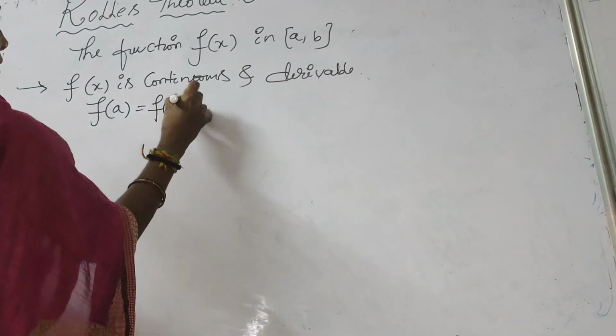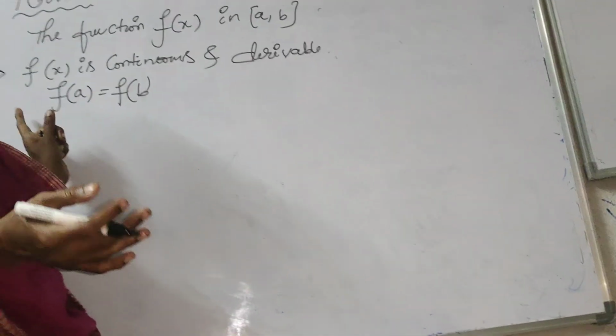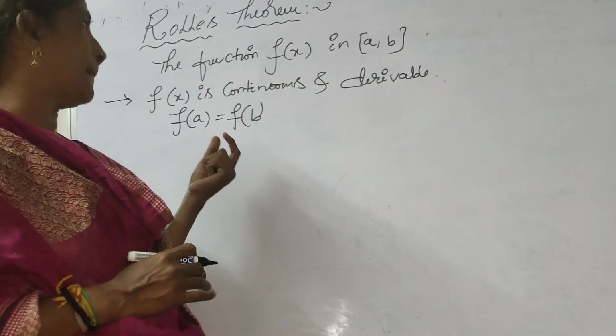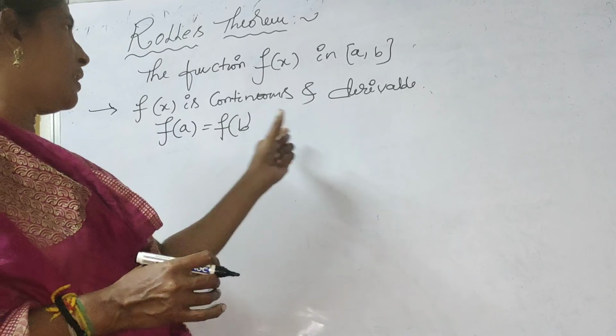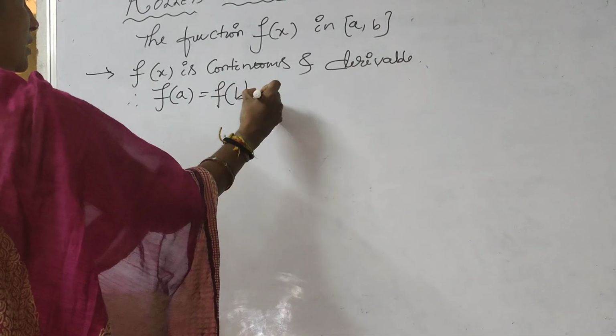Here the given function f of x in the interval a, b satisfies the conditions, meaning f of x is continuous and derivable, and f of a equals f of b.